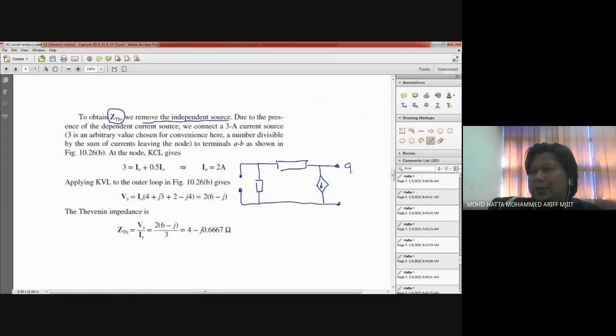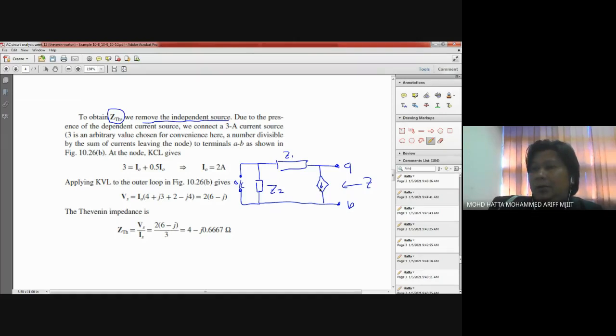Consider this is our A and B, and you need to find what is our Z over here. We try to remove the independent source. Since this is a current source, we treat it as an open circuit, and this is Z1, maybe I label it as Z1. This is my Z2. And what happened to this?